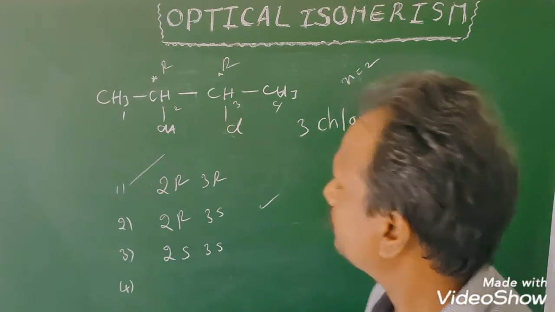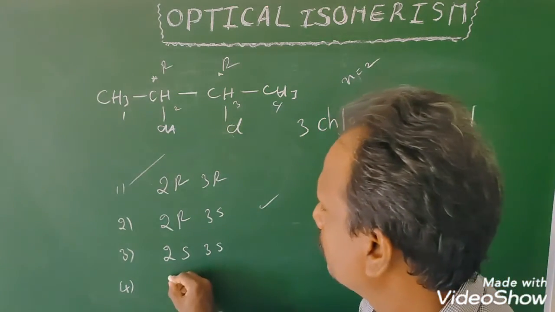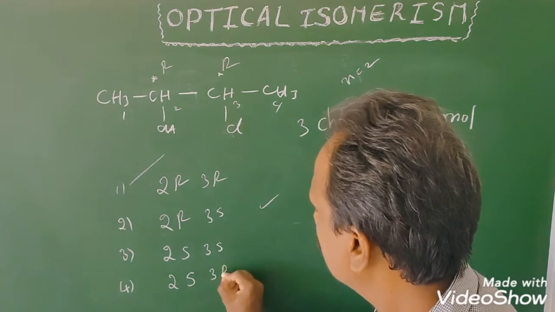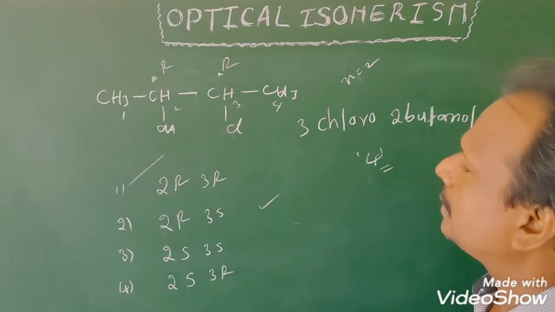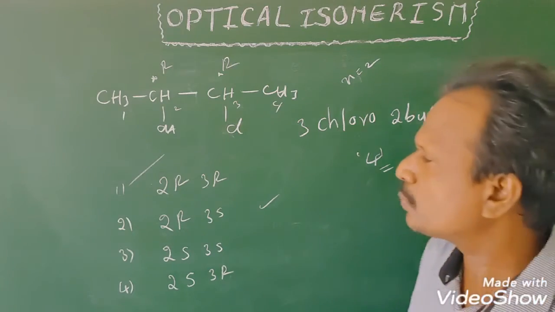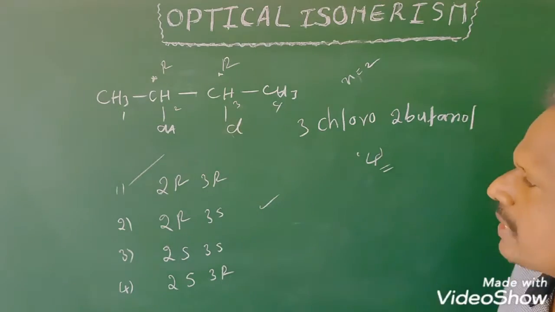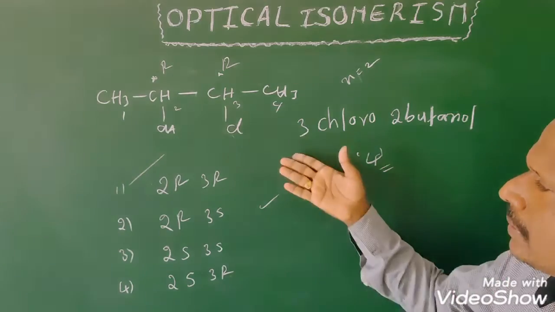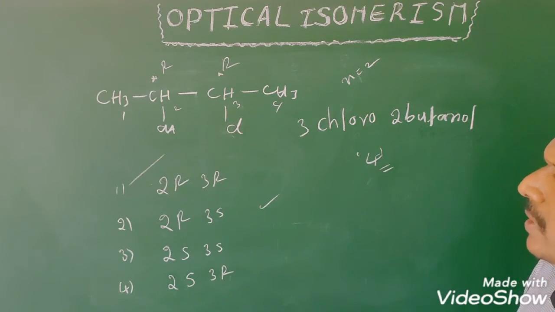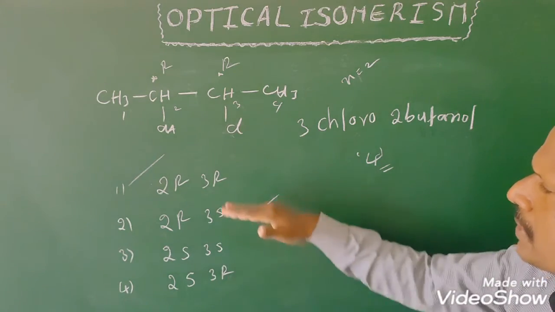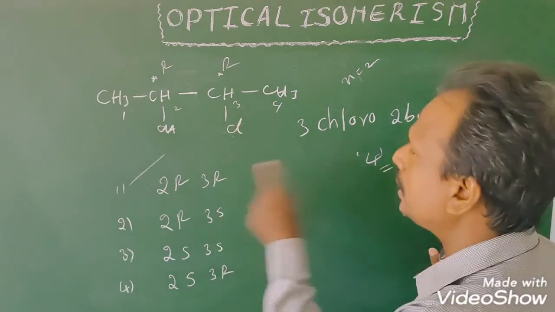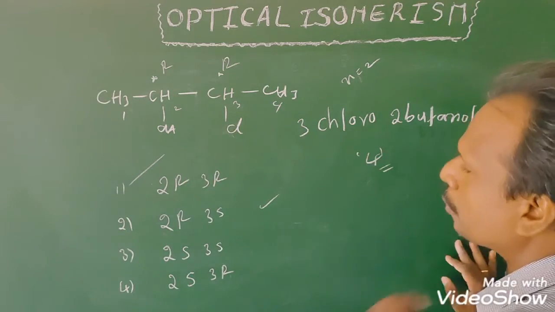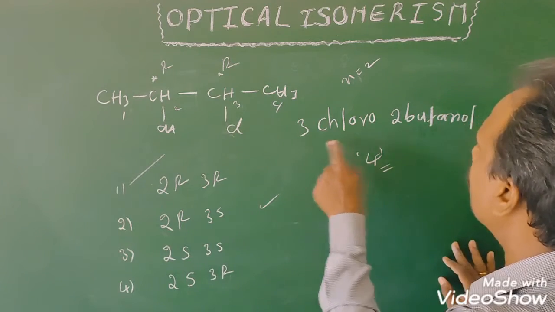Last one, 2S, 3R. What is the definition of optical isomers? The stereoisomers which differ in their chiralities are called optical isomers. The names of these 4 isomers are 2R, 3R, 3-chloro-2-butanol; 2R, 3S, 3-chloro-2-butanol; 2S, 3S, 3-chloro-2-butanol; and 2S, 3R, 3-chloro-2-butanol.